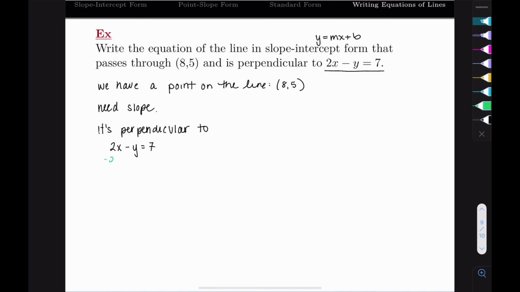We can subtract our 2x, so those cancel. And this is the line negative y is negative 2x plus 7. And let's go ahead and divide everything by negative 1 to give us y is positive 2x minus 7. This line has slope 2.